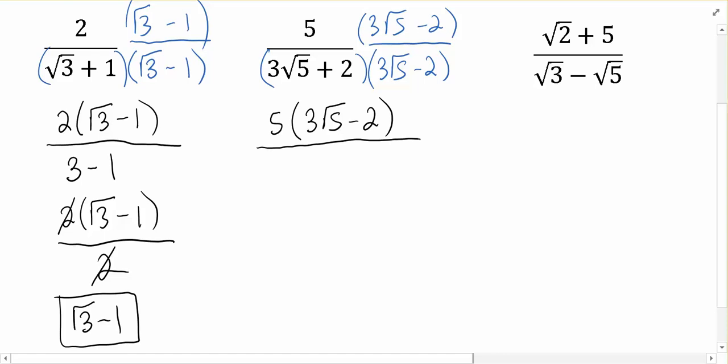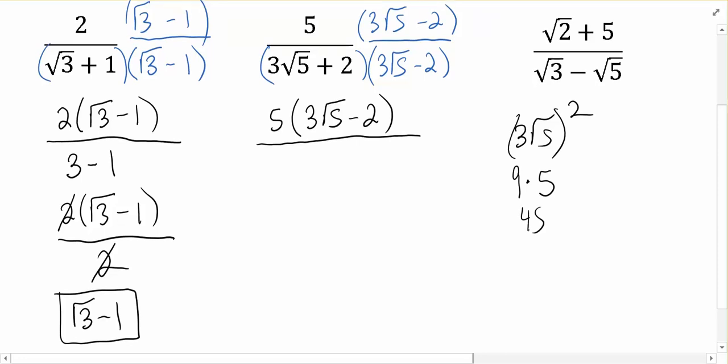But now in the bottom we've got to be careful, because when I do my a squared, 3 root 5 squared, I'm going to square the 3 and square the square root of 5 to get 5. So my a squared is 45.